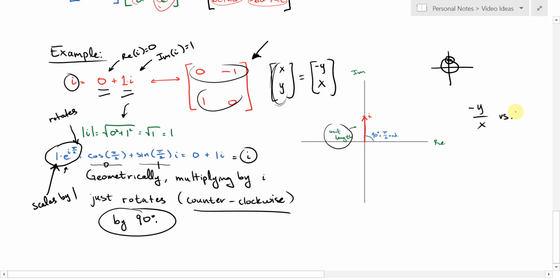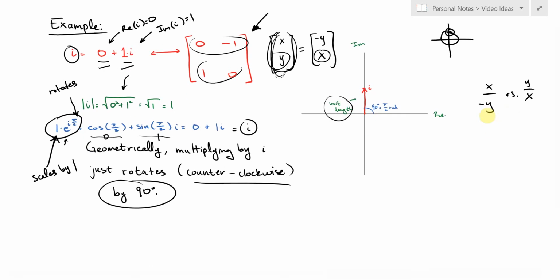And when you compare that to the original slope, the change in y here would be the x. And the change in x would now be -y. And if you compare that to the original slope, which was y over x, the change in y over the change in x, then you've taken the reciprocal and you've multiplied by a negative sign. And maybe there's some small part of your brain that remembers from basic algebra class that that's how you flip it and flip by 90 degrees. Do a 90-degree rotation. So it all works out geometrically.